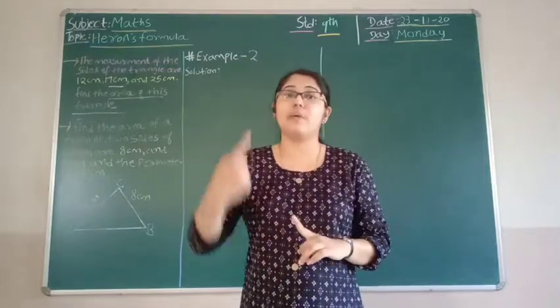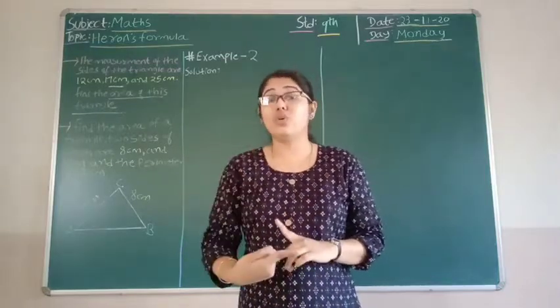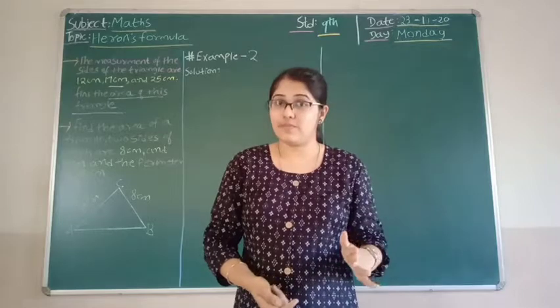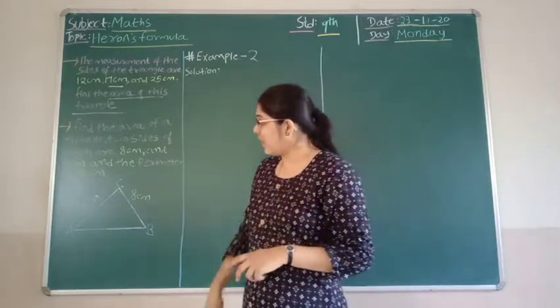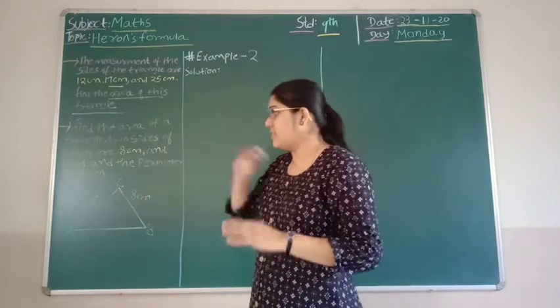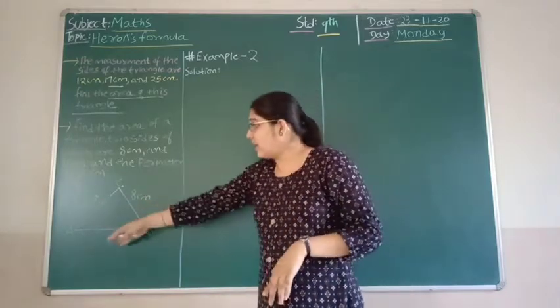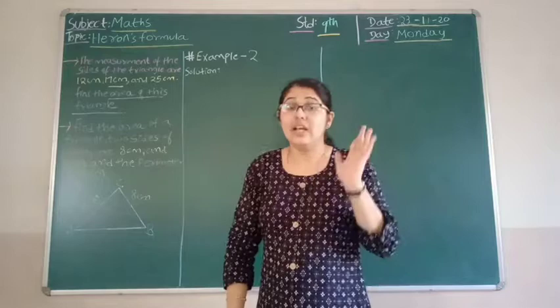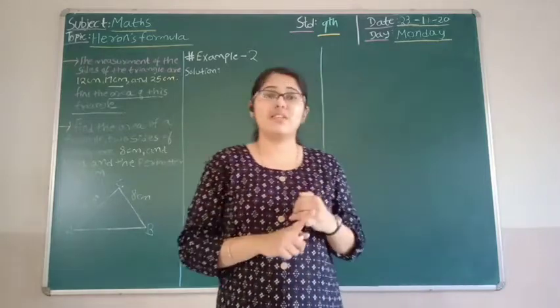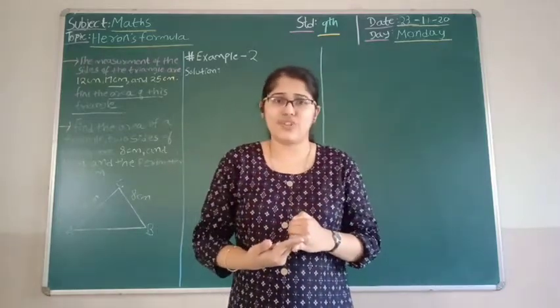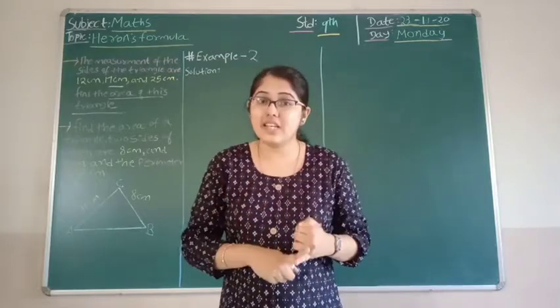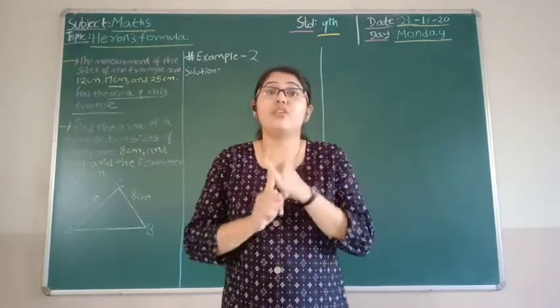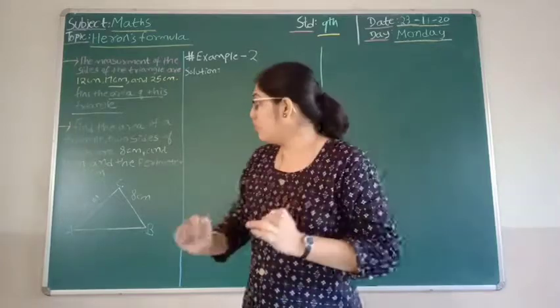Along with that, we don't know the side C. So students, as you can see in the triangle, the 2 sides, one is 11 cm, another is 8 cm, and this side is not known till now. It means we need to find 2 things. We need to find the area of the triangle, but before that we need to find side C. Along with it, we need to find the semi-perimeter because we have been given the perimeter.